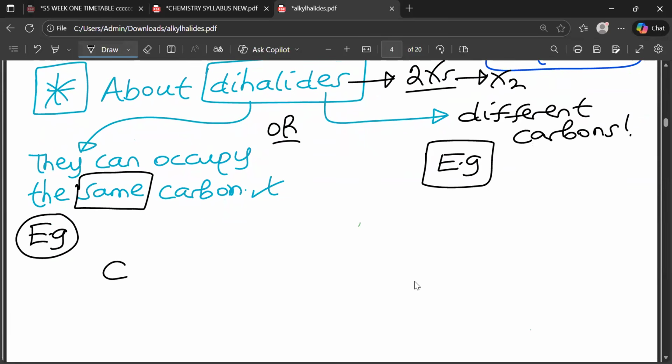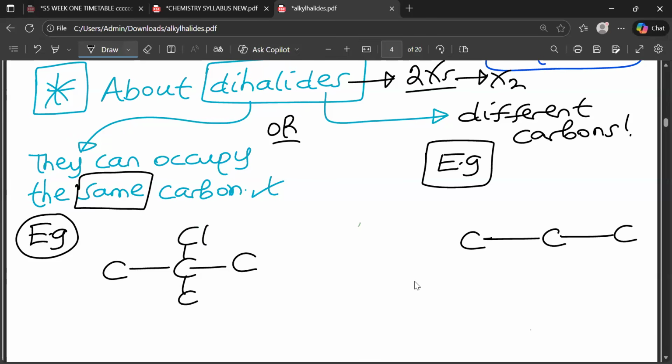If you're having this chain, and also this chain: by same carbon, for example, coming here, I put my Cl, then I also put here my Cl. By different carbon, I mean I put a Cl here, and another Cl goes there. You get? Then I put my hydrogens elsewhere. You all know the balance is always taken up by hydrogen.